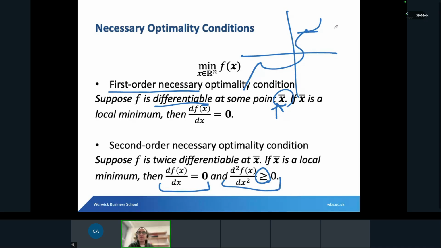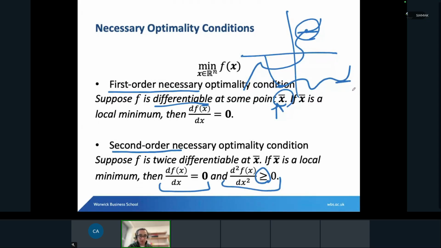This point has a derivative equal to 0, but it is not a local minimum, right? You can easily see that. We need the second order to make sure we're not talking about these points, and we're talking only about points where the first order, or the slope, is equal to 0, the gradient is equal to 0, and the second derivative is non-negative.